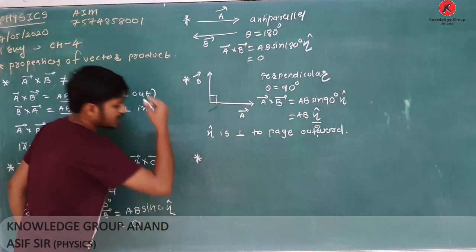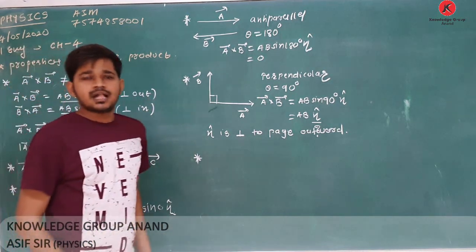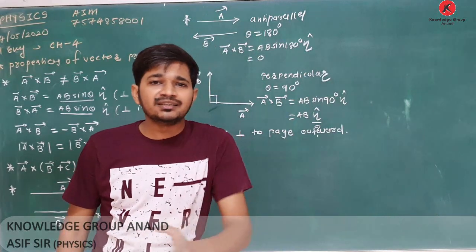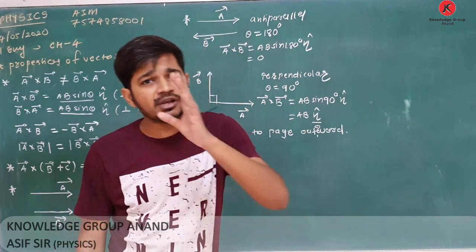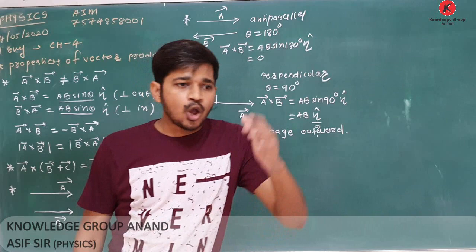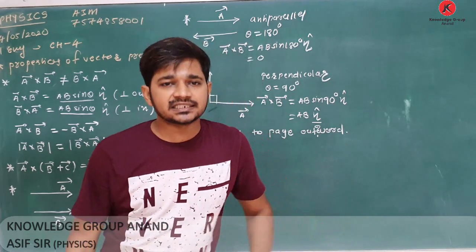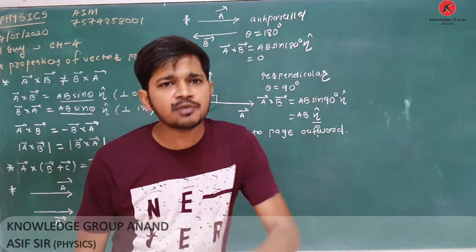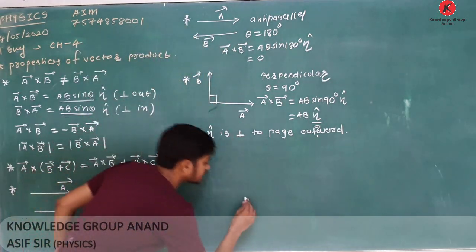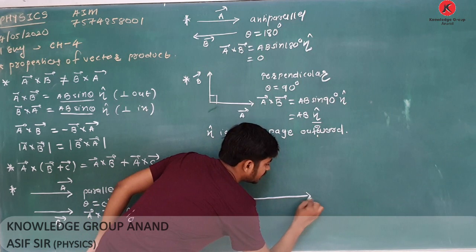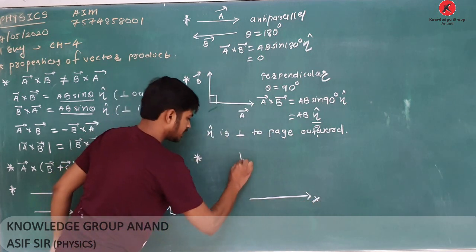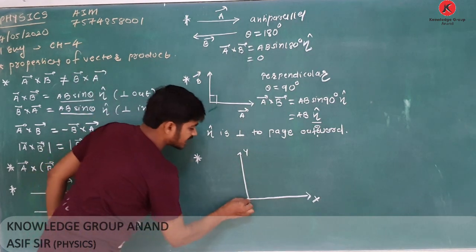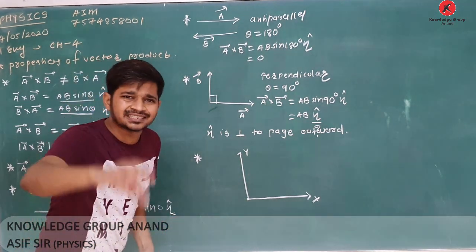We know that in motion in a plane, we have to deal with three mutually perpendicular axes: x-axis, y-axis and z-axis. If this is the x-axis and this is the y-axis, then where is the z-axis?